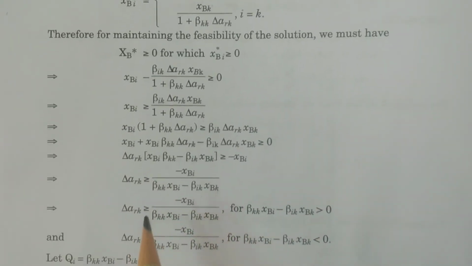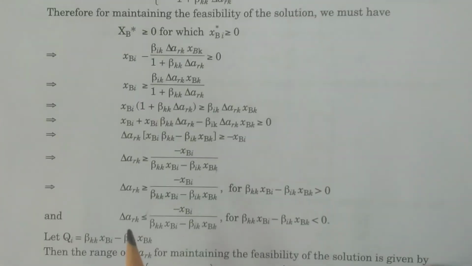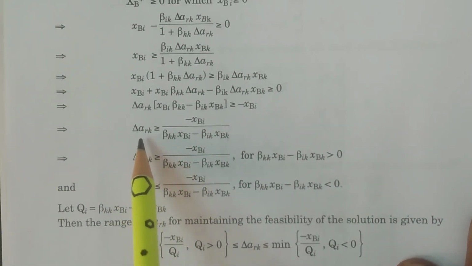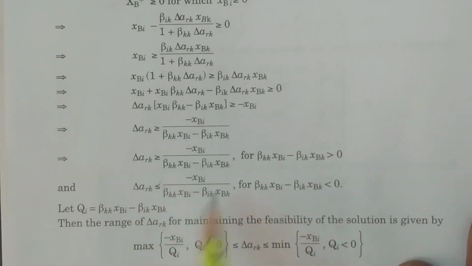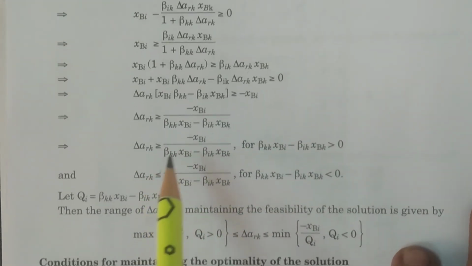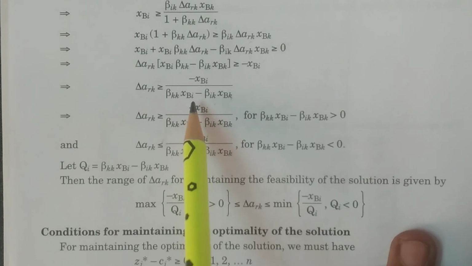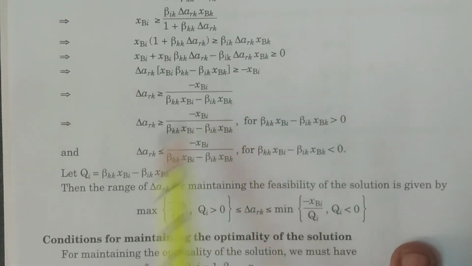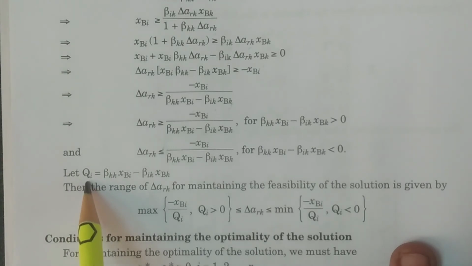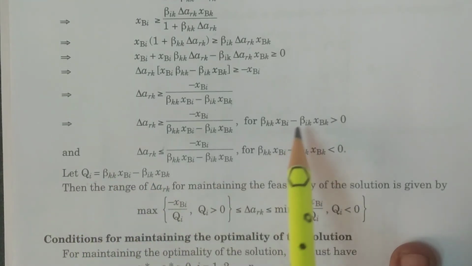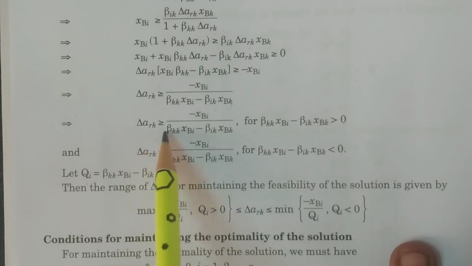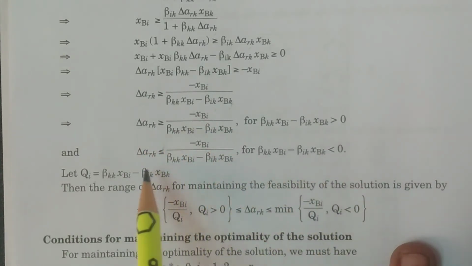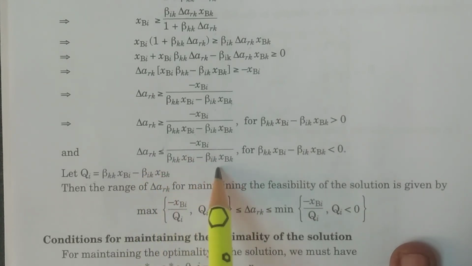We have already discussed this many times. Delta rk lies in between the maximum of this and the minimum of that. If you consider beta kk xbi minus beta ik xbk as qi, then if qi is greater than 0, delta rk is greater than or equal to minus xbi by qi, and if qi is less than 0, then delta rk is less than or equal to minus xbi by qi.